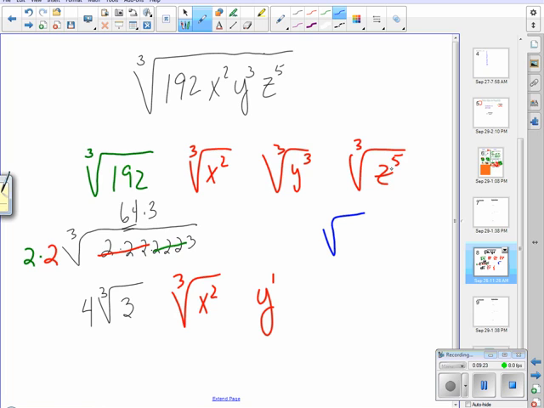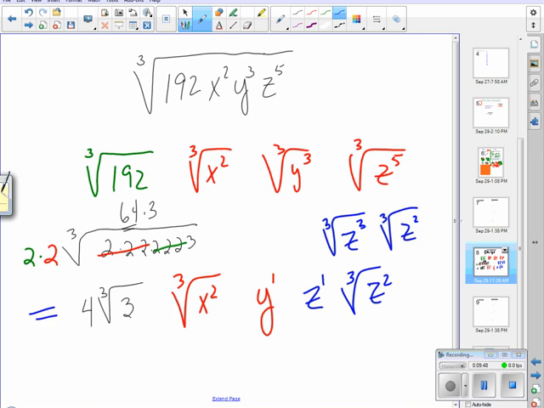Start counting down from 5, and the first number you get to that does divide evenly is a 3. And don't forget, you need to have a z squared under here. Keep those 3s inside the index. Now you have 3 divided by 3 evenly. That's a z to the 1st. And 2 is smaller than 3, so you'll have to bring that one down.